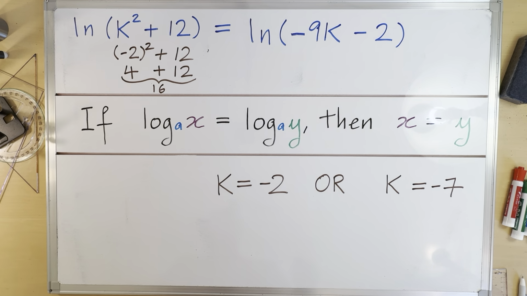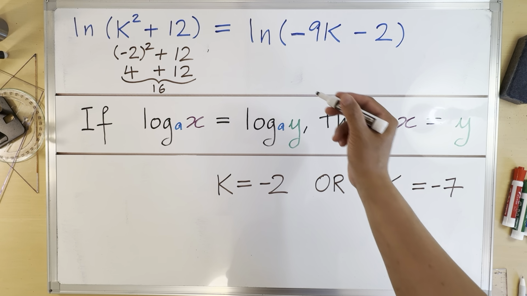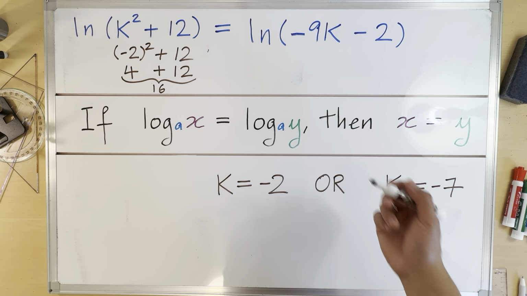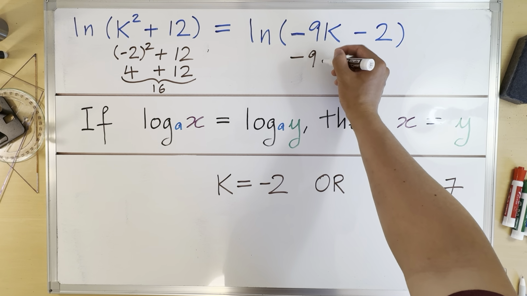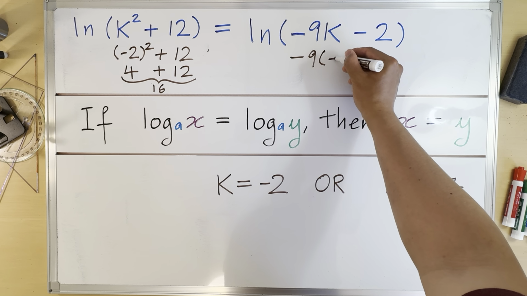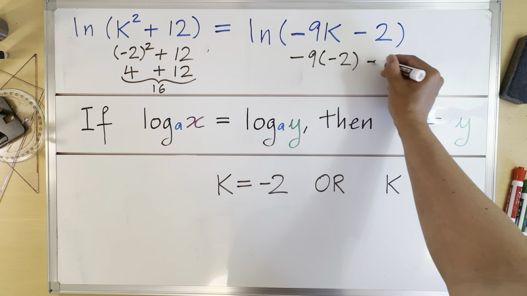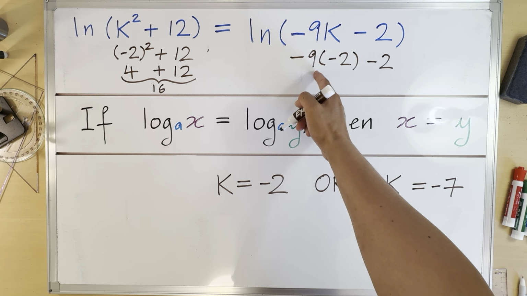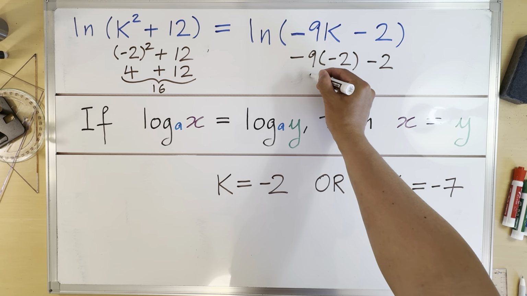And as for the argument of the logarithmic expression to the right side of the equation, we're going to have negative 9 times negative 2 minus 2. Negative 9 times negative 2 gives us positive 18.